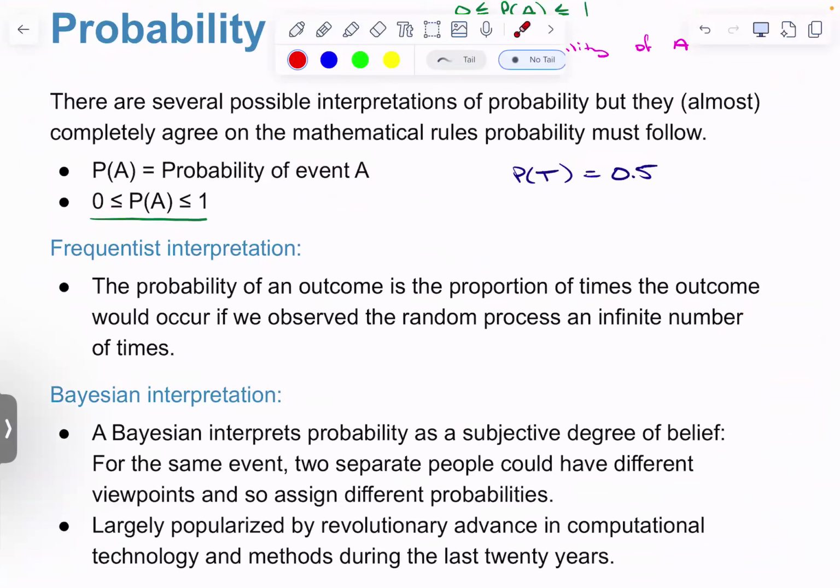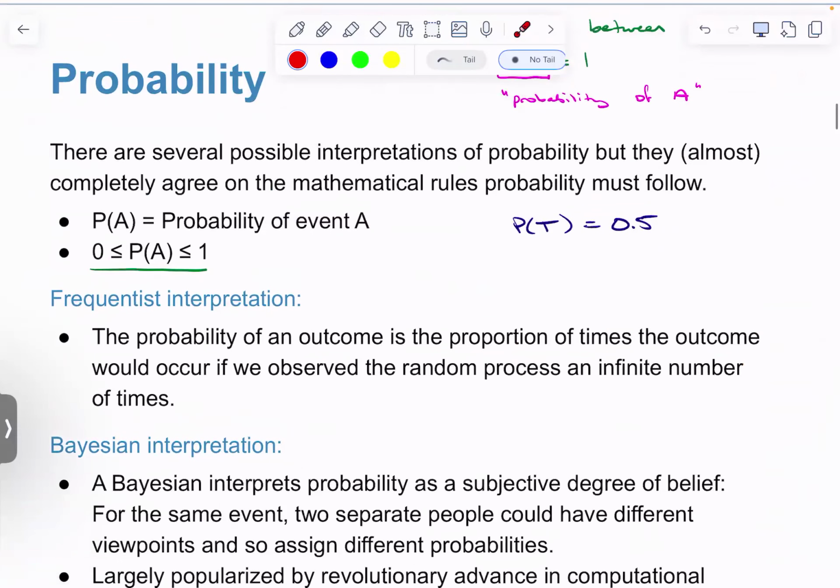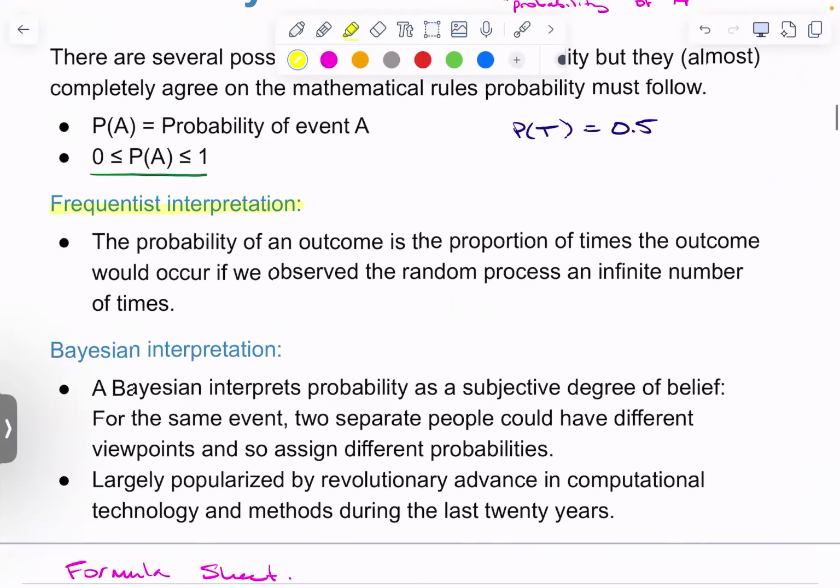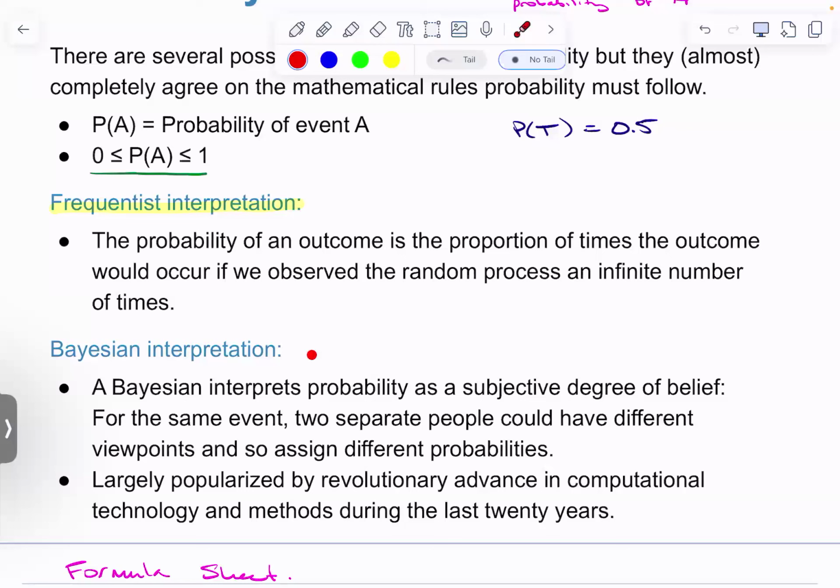For us, the interpretation of probability that we will use is called the frequentist interpretation. That's kind of the classical interpretation of probability. Before computers, it's what we had to do. But with the rise of computing ability, this Bayesian interpretation has kind of come forward. Now, we don't teach Bayesian statistics here.